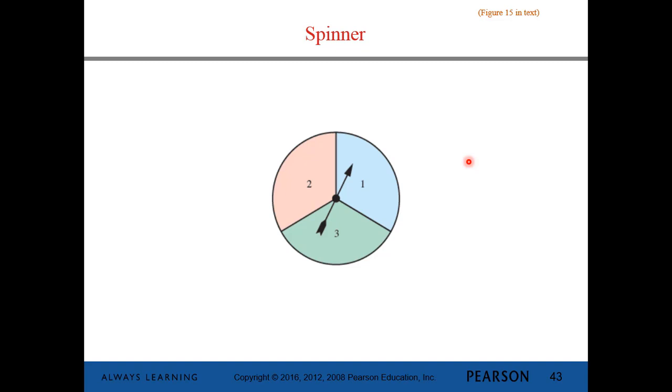So there's events. Now events are sets of outcomes that we define. Like I could define the event that I get an odd number on one spin of a spinner. That means if either a 1 or a 3 comes up, then that event has occurred. So an event is a defined set of outcomes. It could be one outcome, or a set of multiple outcomes.